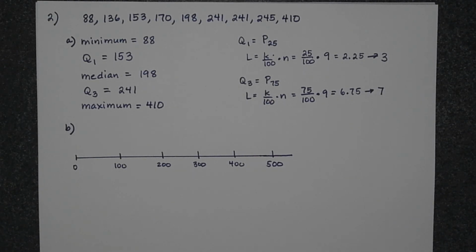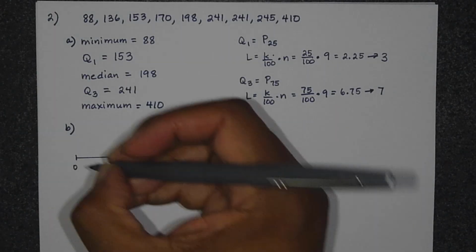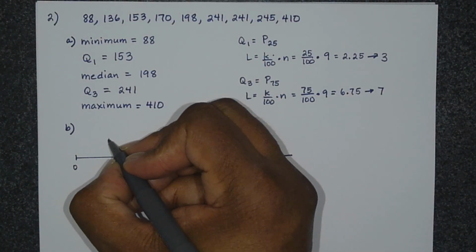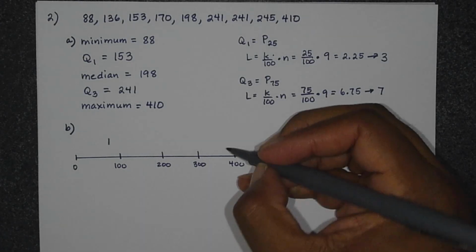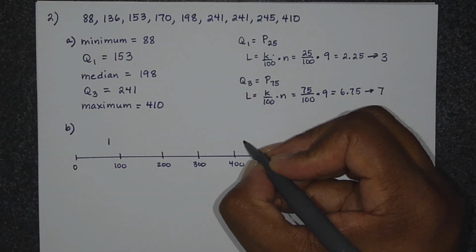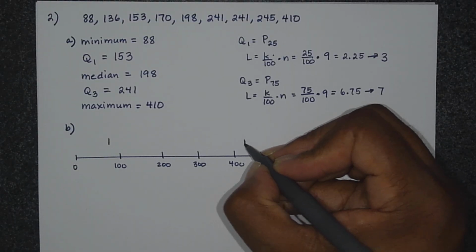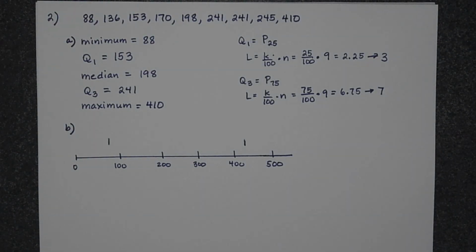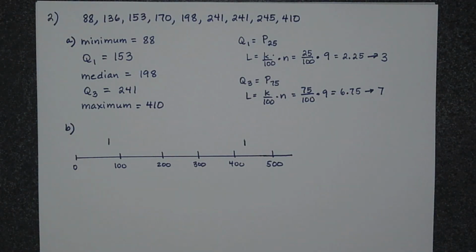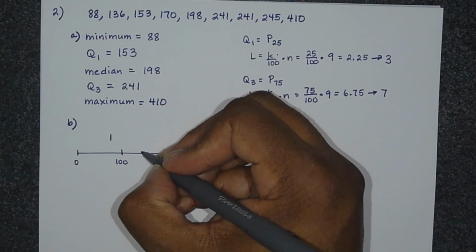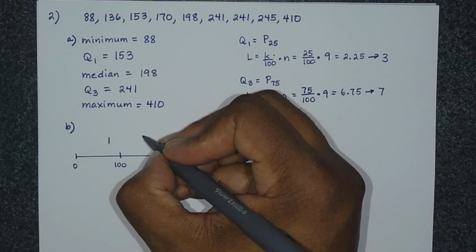The smallest is your 88, so I'm going to draw a small vertical line there, close to 100. 410 is a little bit past 400, so I'm going to draw another small line like this. Let's see. Q1, the median, and Q3 make up the box. These two make up my whiskers. So here, Q1 is 153, so that's halfway between 100 and 200.